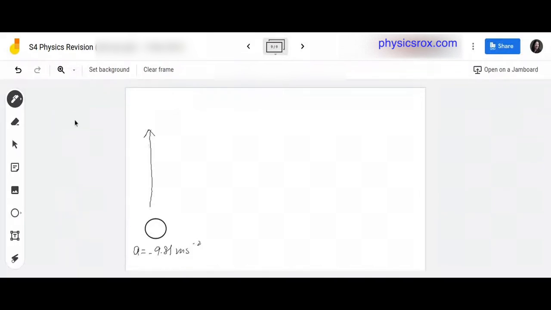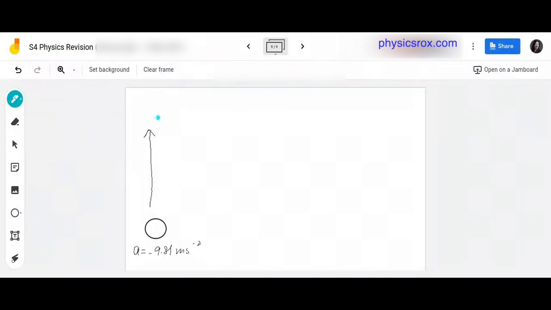Because remember I mentioned this when we were doing the workbook question. If you throw an object upwards, gravity is still pulling it down. That means gravitational acceleration is still attempting to pull it down, but the object is going against gravity. The gravitational acceleration is very strong, so whenever an object gets thrown upwards, it slows down.